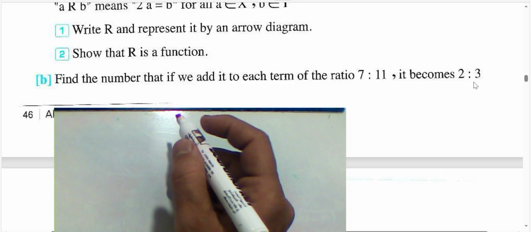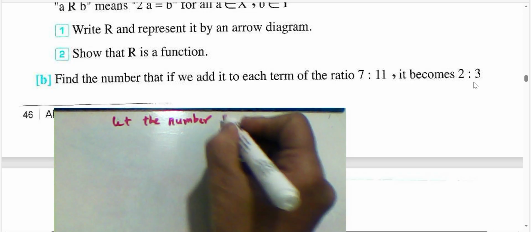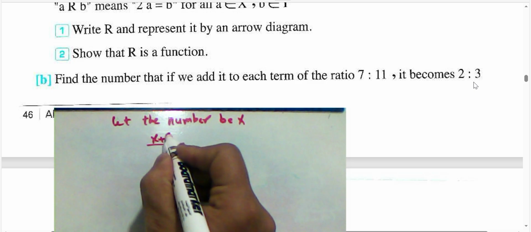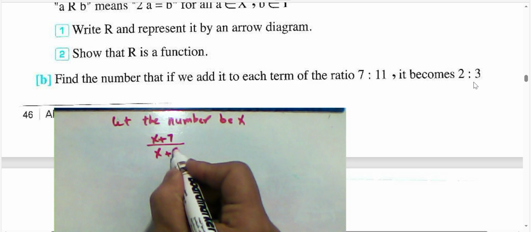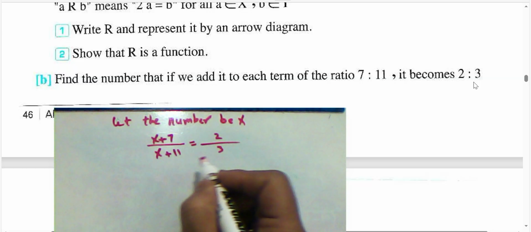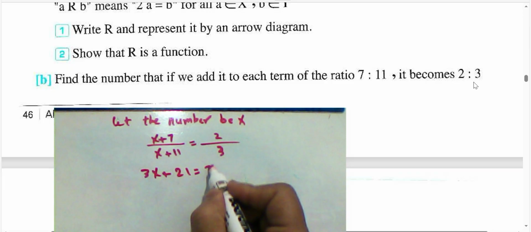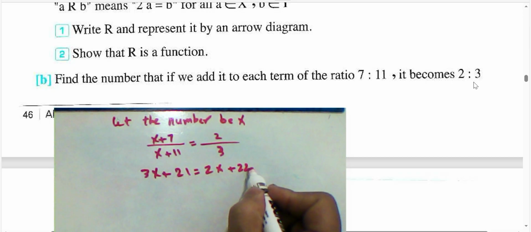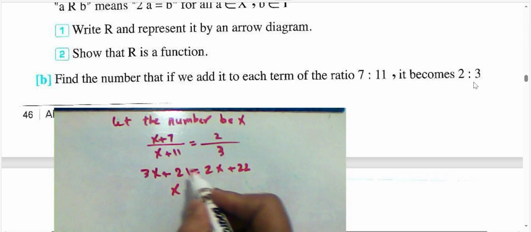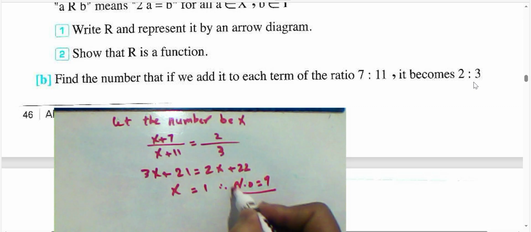First step, let the number be X, then X plus 7 over X plus 11 equals 2 over 3. The product of extremes equals the product of means. Then 3 times X equals 3X, and 3 times 7 is 21. 2 times X equals 2X, and 2 times 11 is 22. Then 2X subtracted from 3X equals X. 21 subtracted by 22 is minus 1. And the number will equal minus 1.